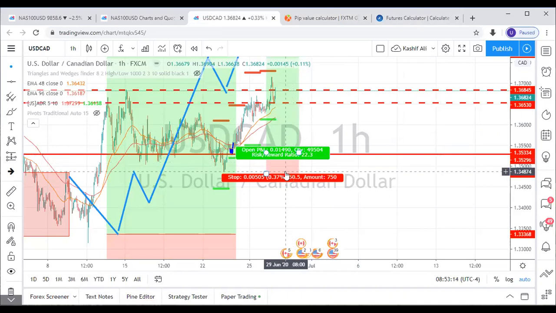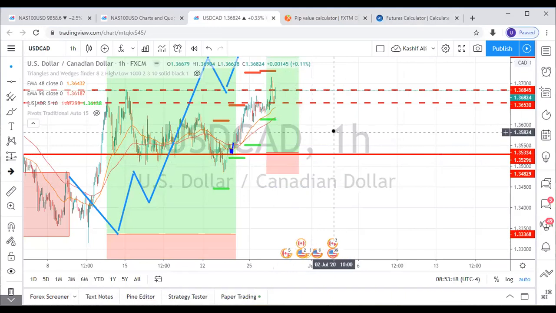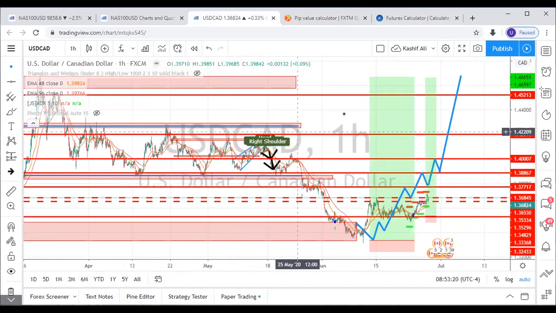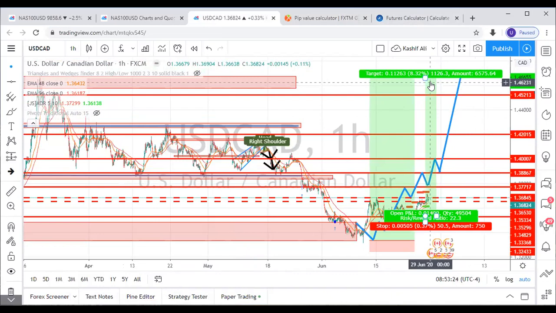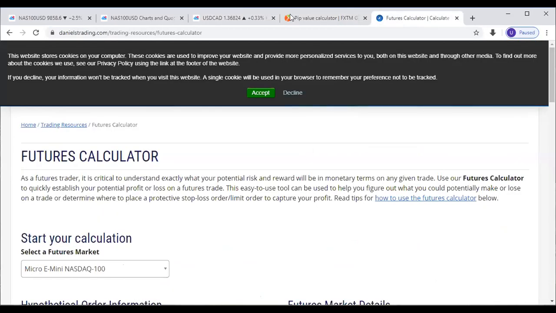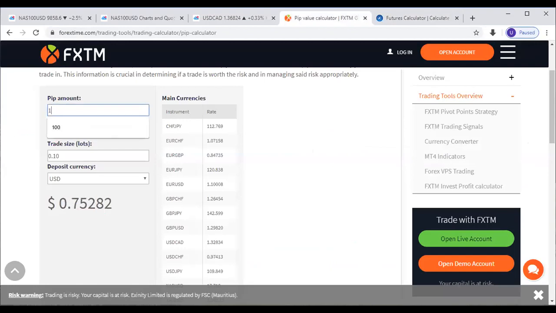I don't know, but it is showing 50 here. Sorry, 1,126 pips.